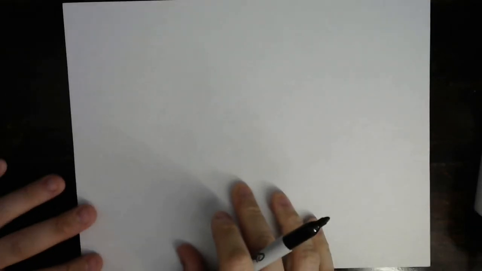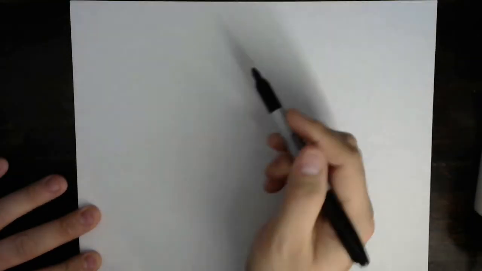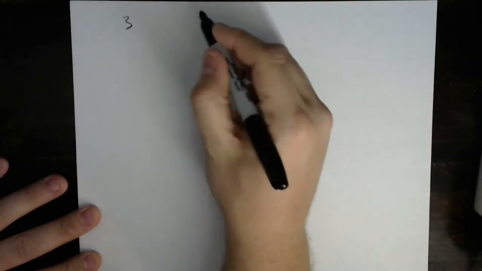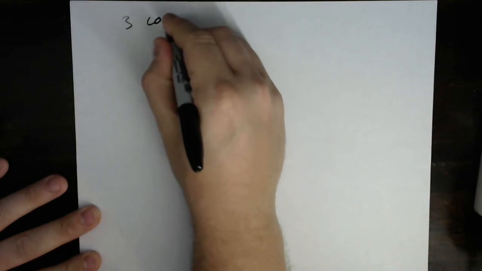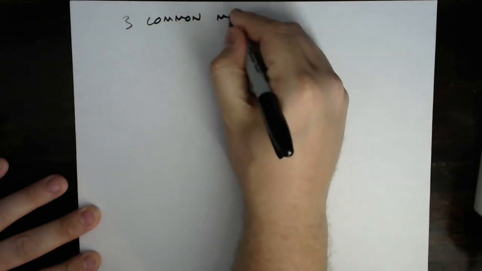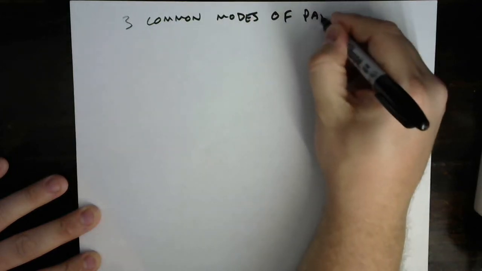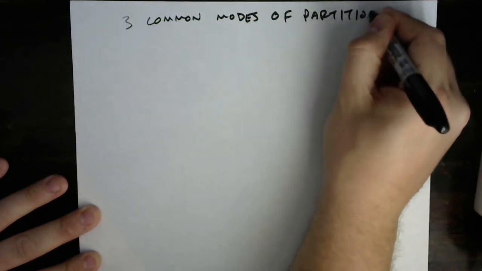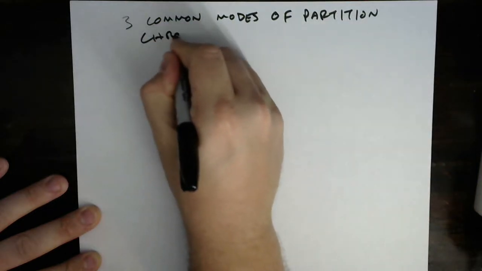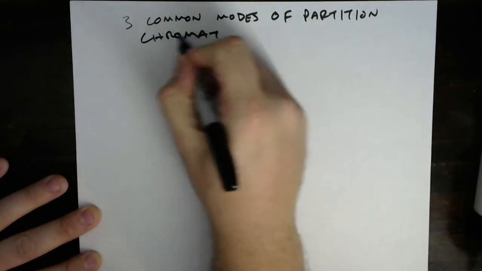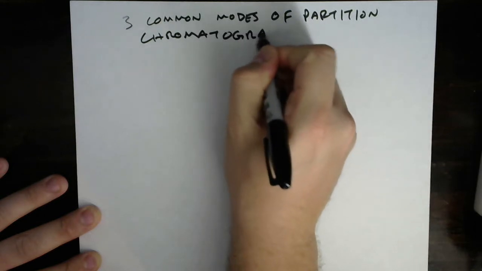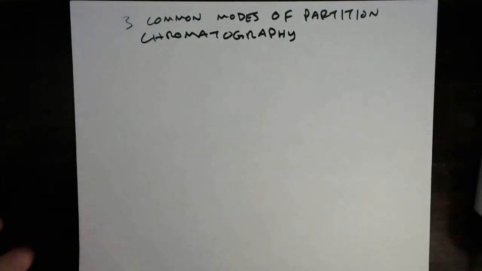Let's talk about how these bonded phases are used. And there are basically three common modes of partition chromatography that use these bonded phases to do their chemistry.